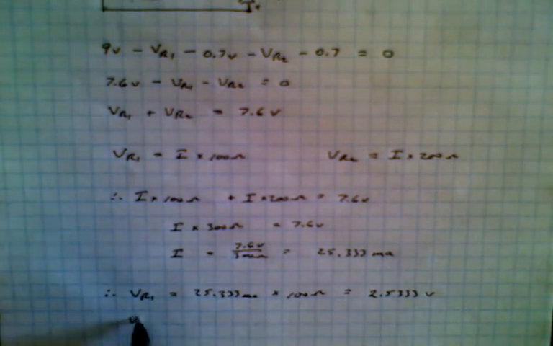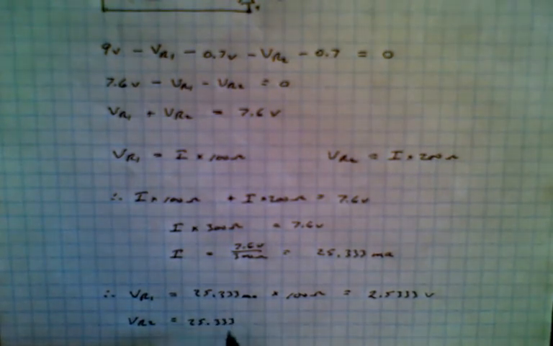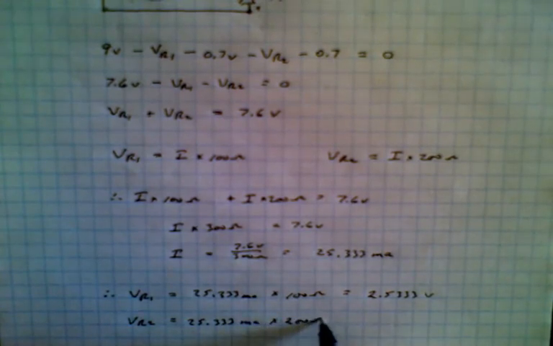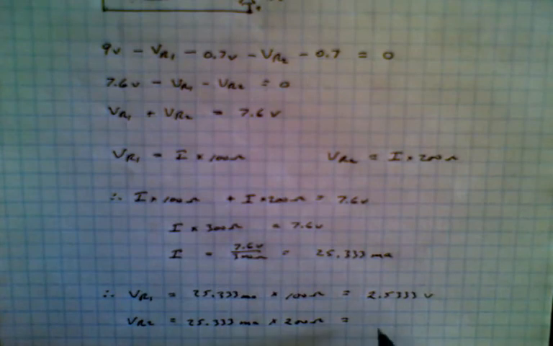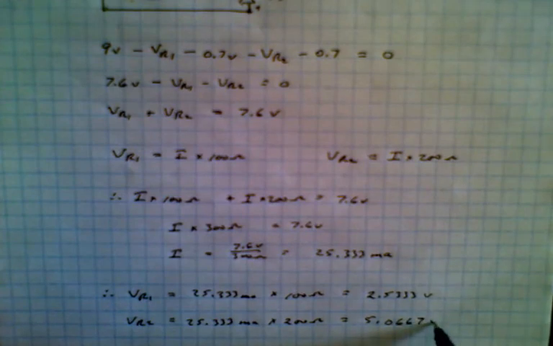And likewise, the voltage across R2 is equal to the same current, 25.333 milliamps times 200 ohms, which is equal to 5.0667 volts.